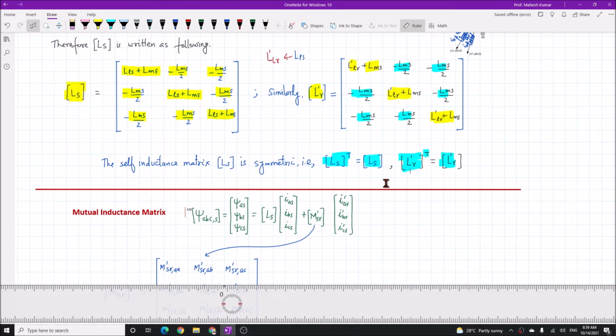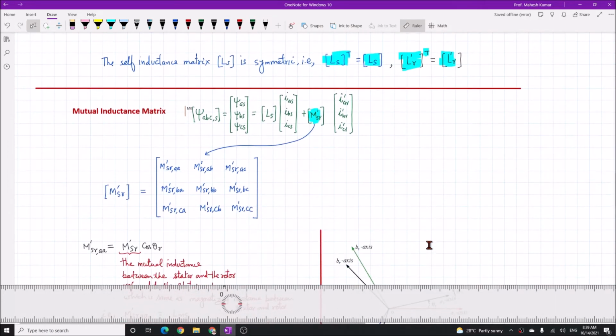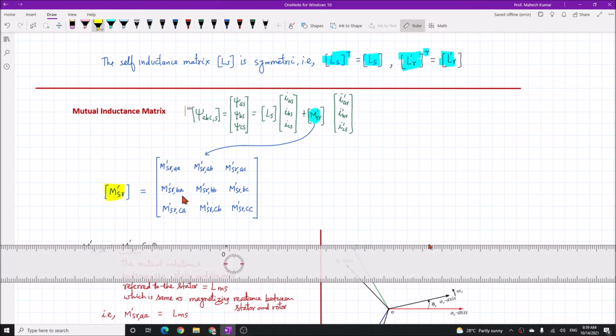So that comes the term mutual coupling, and hence MSR dash. The nature of this MSR dash will be like this, having elements MSR dash AA, AB, AC, then BA, BB and BC, and then CA, CB and CC, similar to the self-inductance matrix.